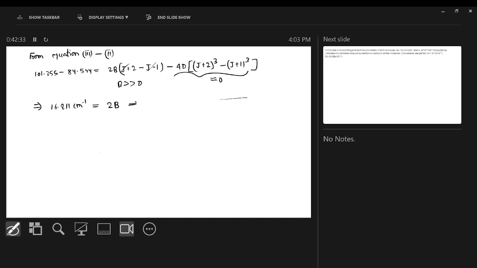So B is equal to 16.811 divided by 2, and we got 8.4055 centimeter inverse.